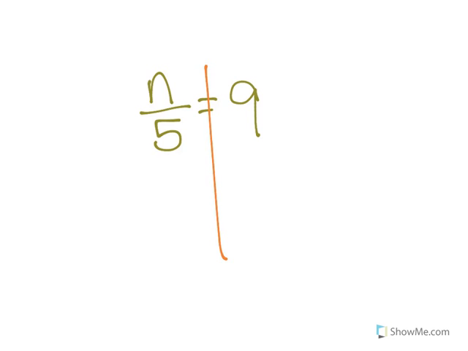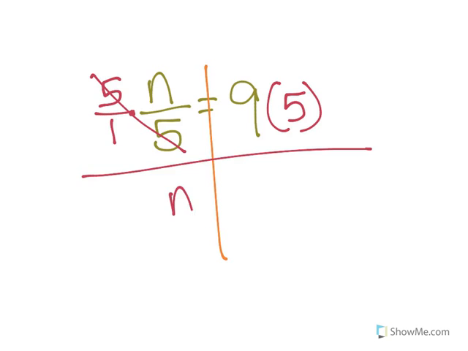So I'm going to multiply by 5. Okay, so you can show that as a fraction, like 5 over 1, because that would make 5/5. Or you could just write 5. That cancels out, and I'm going to multiply this side by 5 as well. So that's going to be n equals, what's 9 times 5?